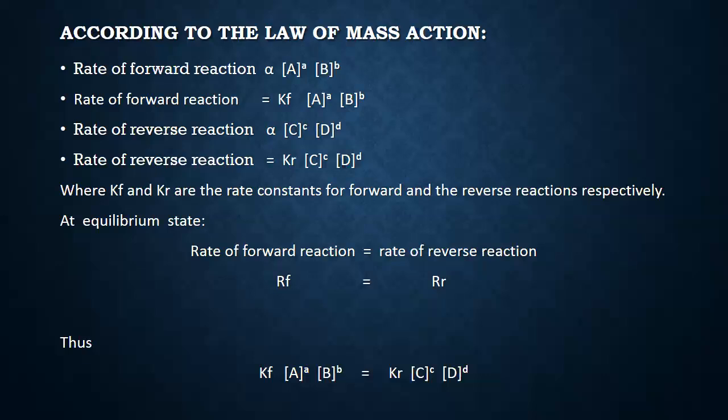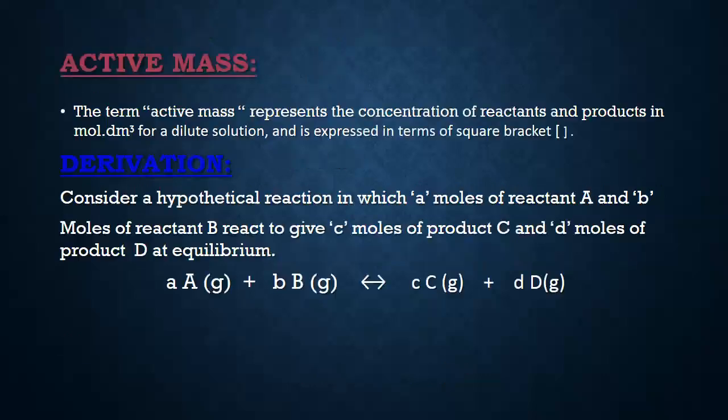Whereas the rate of reverse reaction, RR, is directly proportional to the product of C and D, where small c and small d are the number of moles given in the balanced chemical equation.